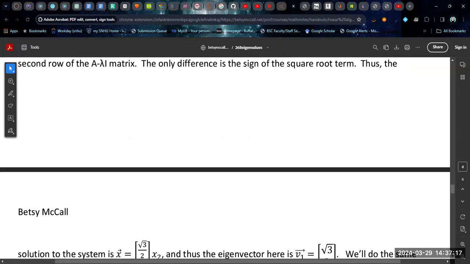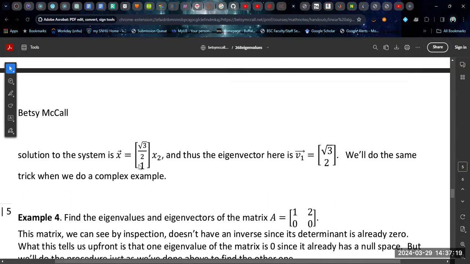And if you go through the whole solution process, you are going to get this exact solution, the only difference being that the sign of the square root changed. And so our second eigenvector, V2, is the square root of 3 over 2, instead of negative square root of 3 over 2.